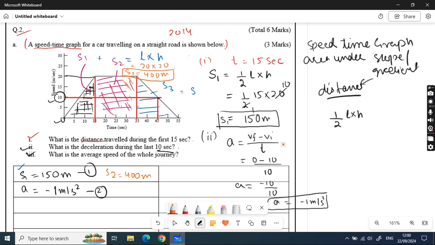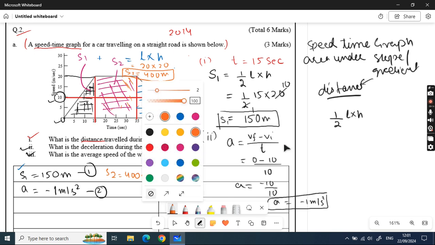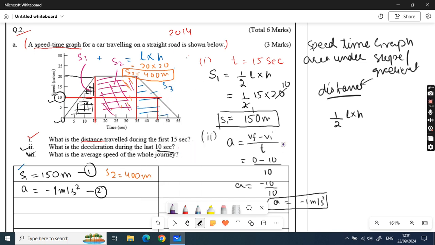Now I find out the area under that last part. It is a triangle, and I say the distance of this triangle is S3. S3 is equal to 1 over 2 length into height.